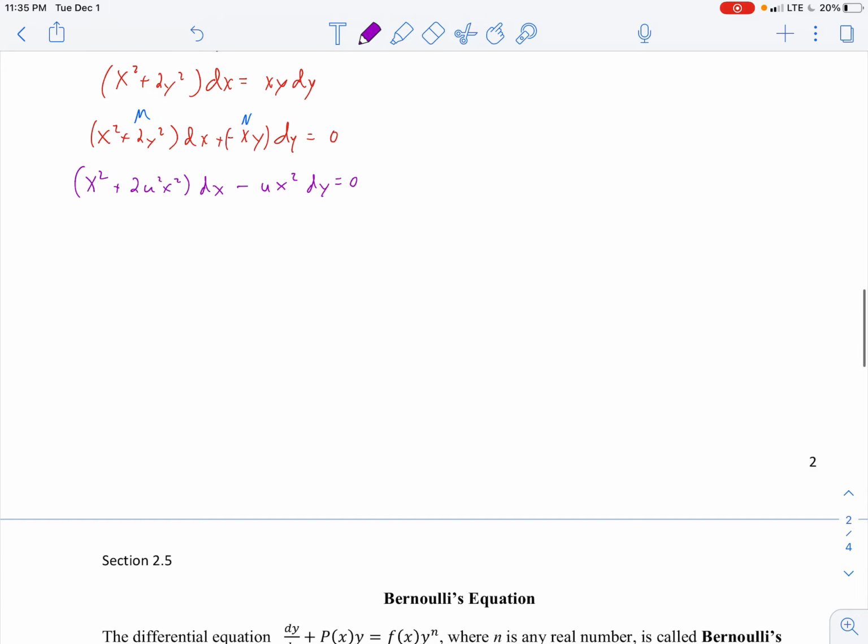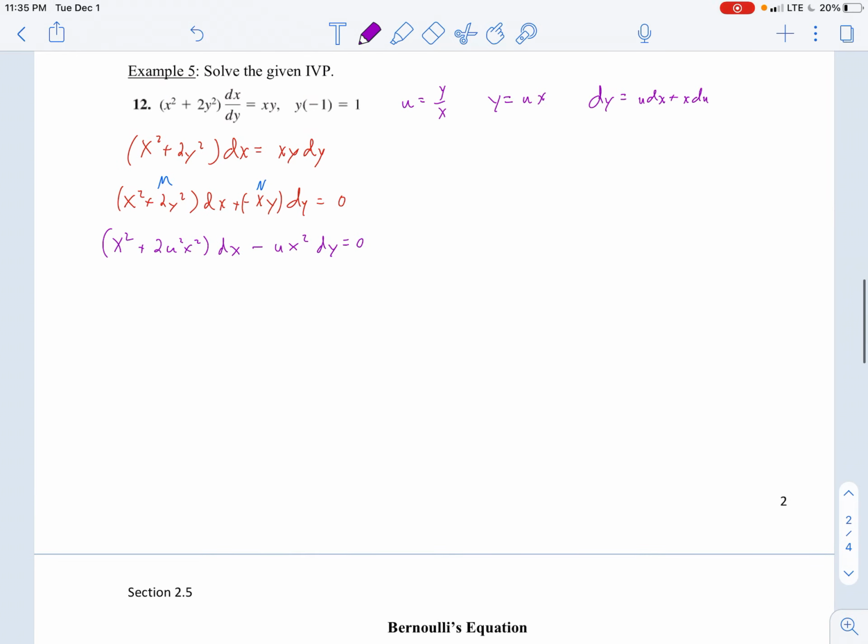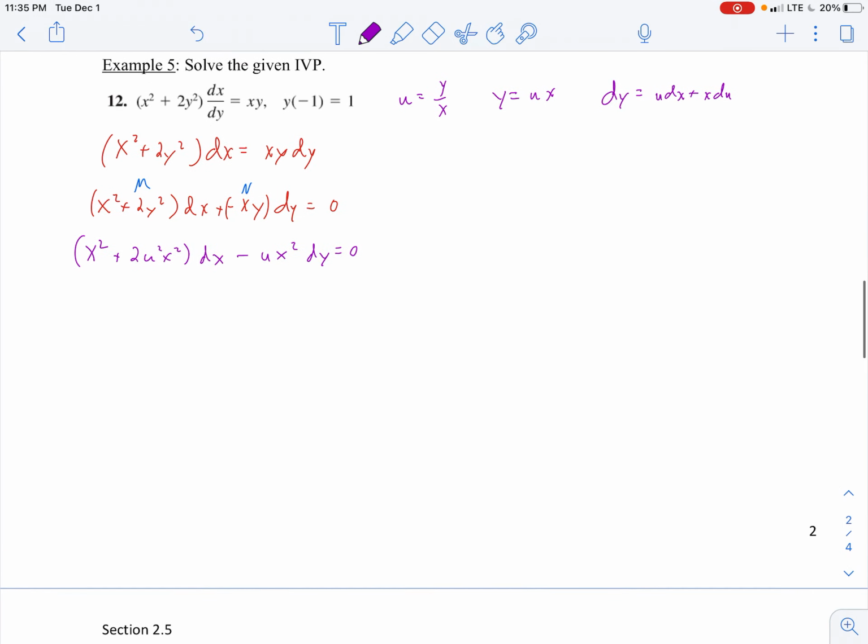And now let's go ahead and put everything together. Oh, I'm sorry, I forgot to substitute in my dy. So dy is going to be u dx plus x du.